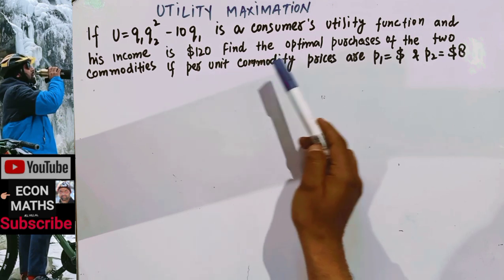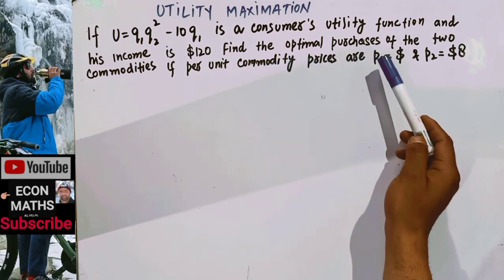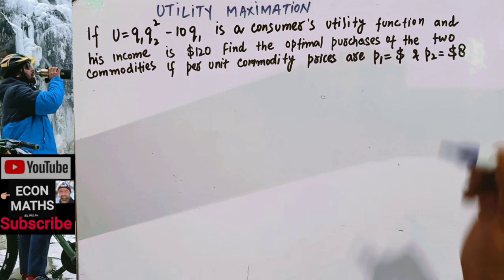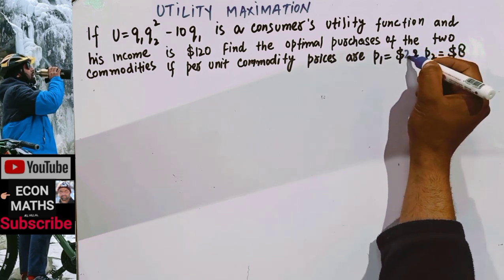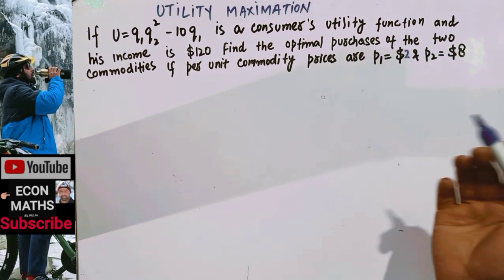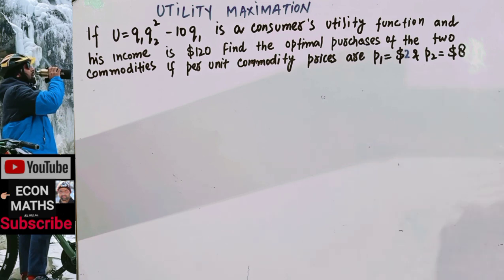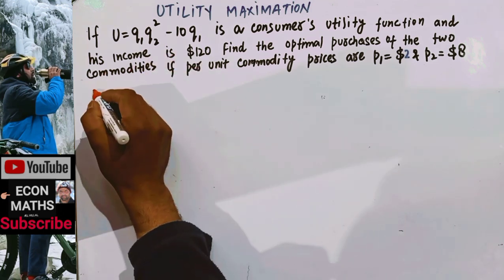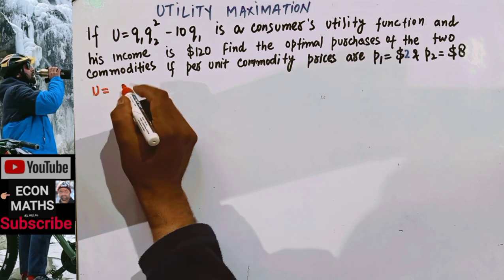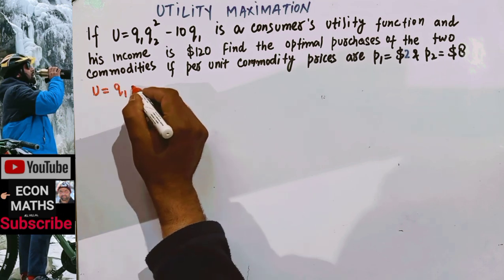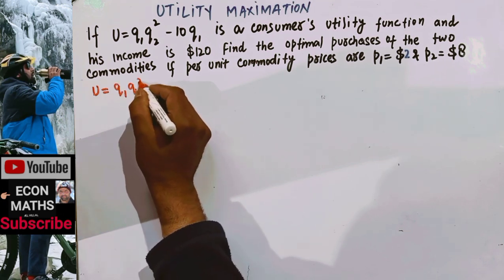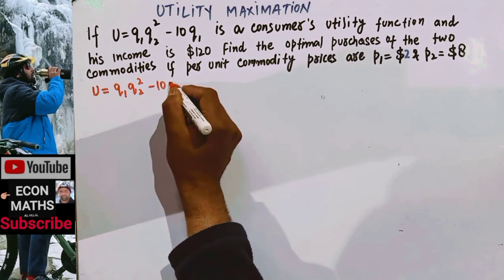If per unit commodity prices are, that means price of good one is $2 and price of good two is being given as $8. Okay, so how do we proceed? Let's see what we are being given. We are being given a utility function that is equal to Q1 Q2 square minus 10 Q1.